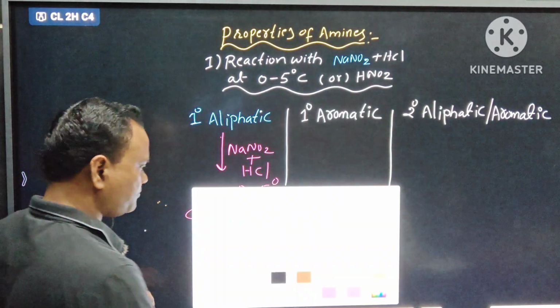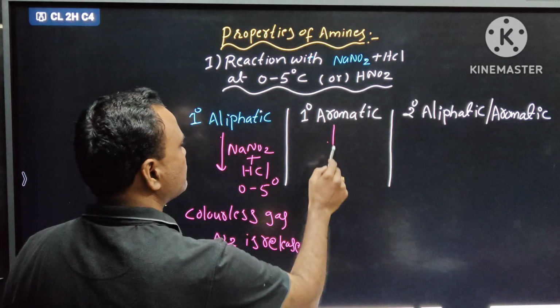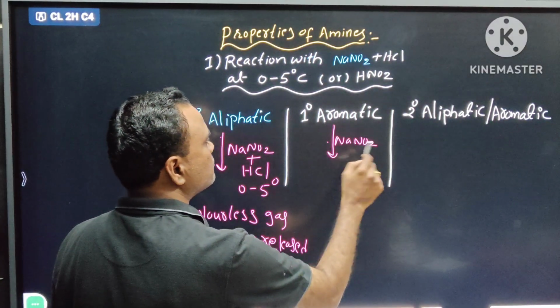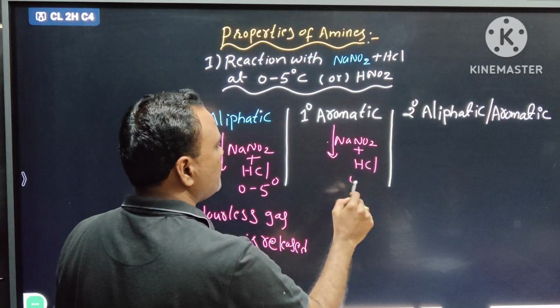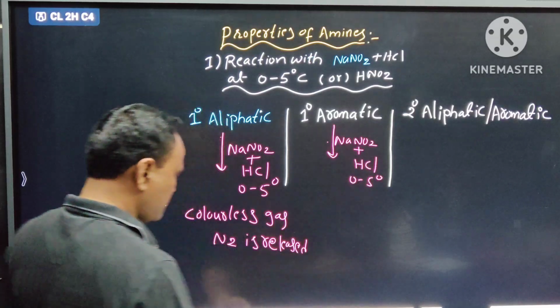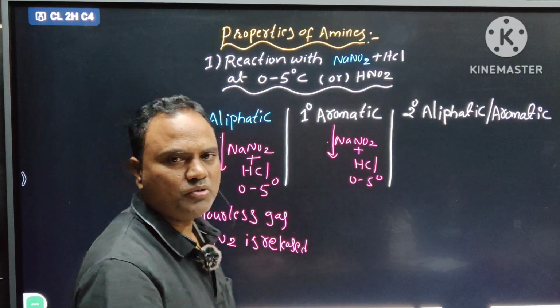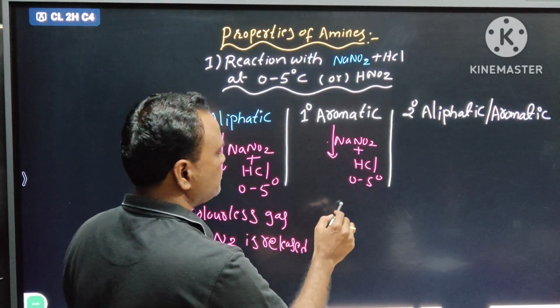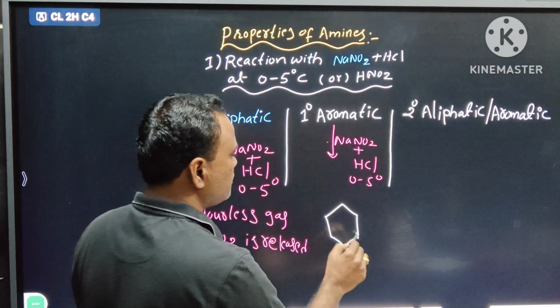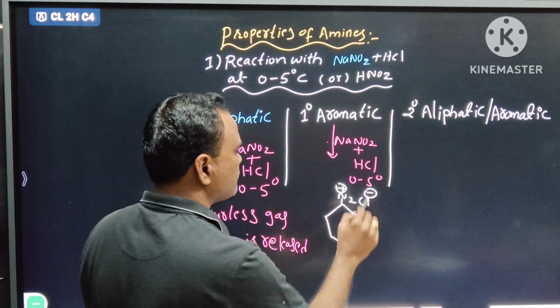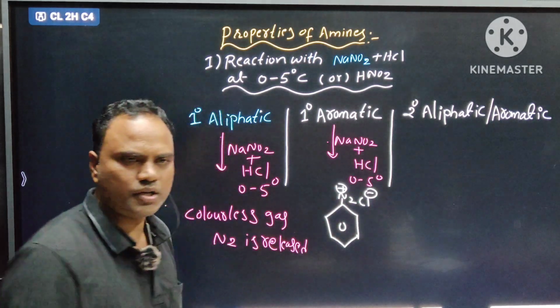Next. Primary aromatic, NaNO2 plus HCl at 0 to 5 degrees centigrade, produce a stable diazonium salt, benzene diazonium salt. You know its name, benzene diazonium chloride.